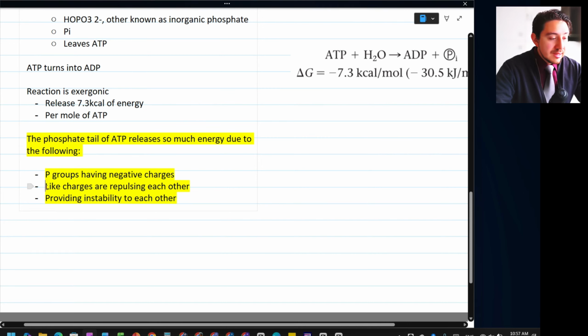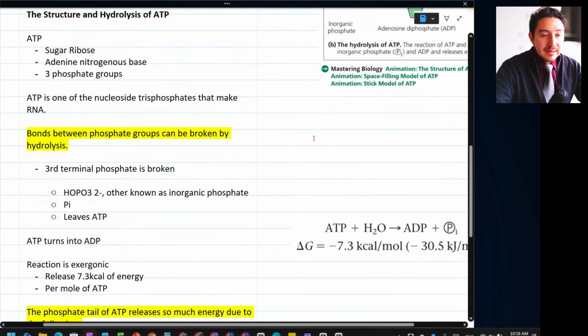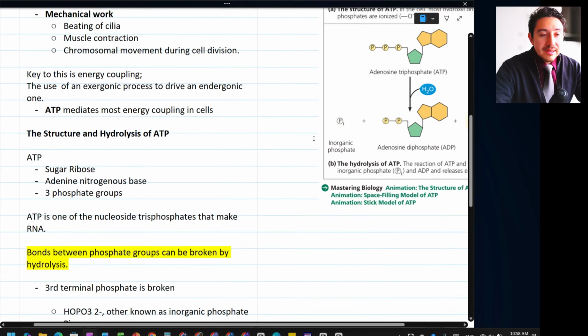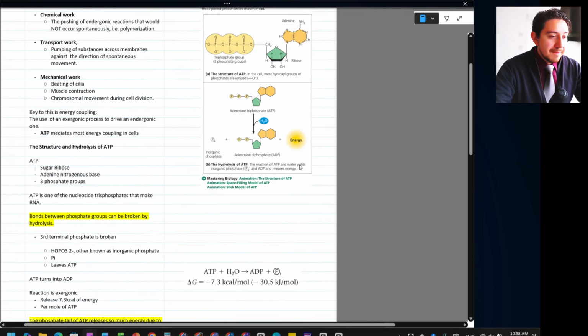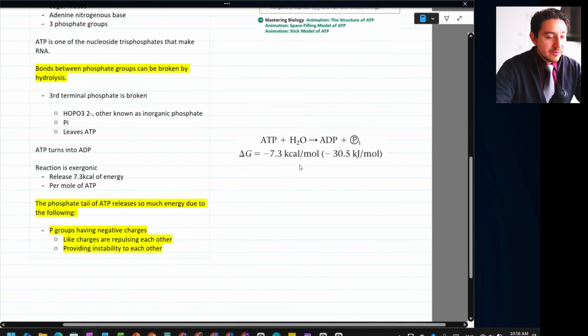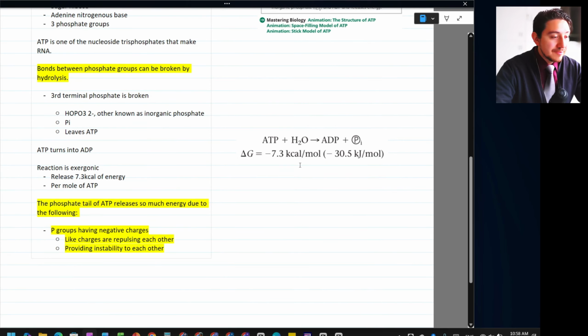And like charges, I'm going to give this a little note here, tend to repulse each other. And because of that repulsion, it provides a sense of instability in these molecules. So having that instability, that's potential energy that can be provided for any other reaction or molecule or subsystem inside the cell.